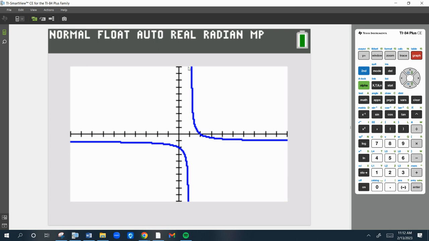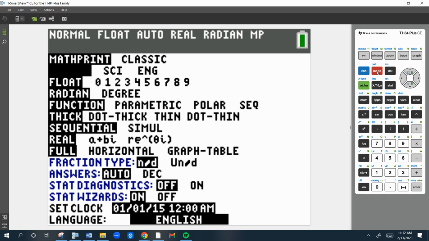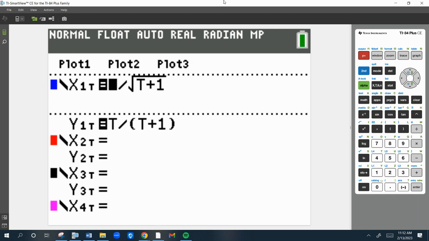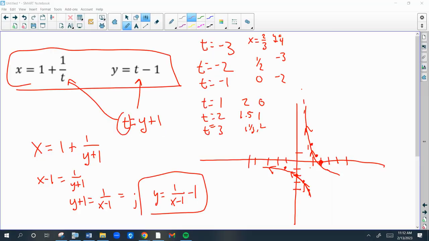Now, you can also change your calculator to parametric mode like I had before. So you can go to mode and change it to parametric. And then your y equals will give you an x and a y. And you just type those in.